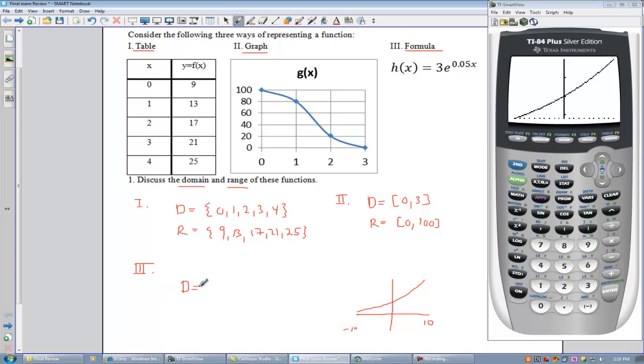And so my domain, of course, I could have gone from -100 to 100, so my domain actually is going to be, looks like everything can be put in there, so -infinity to infinity. But my range, I have to be a little bit careful. So on my range, it's obvious here that the function's going to go all the way up, but it looks like it's not going to go all the way down. It looks like it's just approaching on the left there. It's heading towards 0.